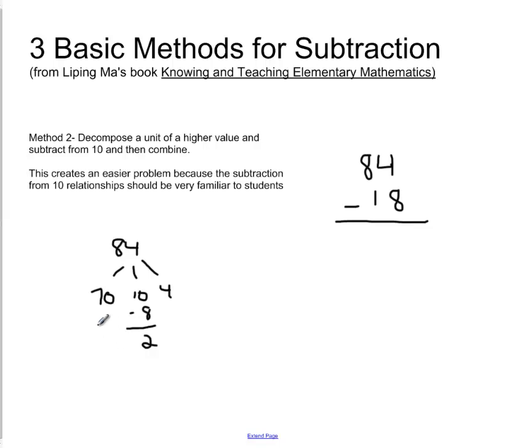And then I can come over here and say, oh, well, I can subtract a 10 from my 70, and I get 60. And then if you look at what's left over in my number bond here, you can see my 66 that I have from the last problem. So it's the same thing, but it just goes back to another fact that they have a lot of fluency around, which are all your subtraction within tens.